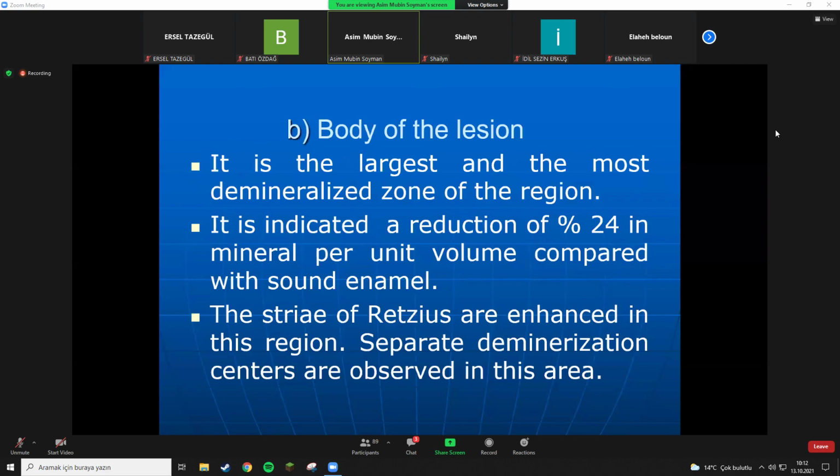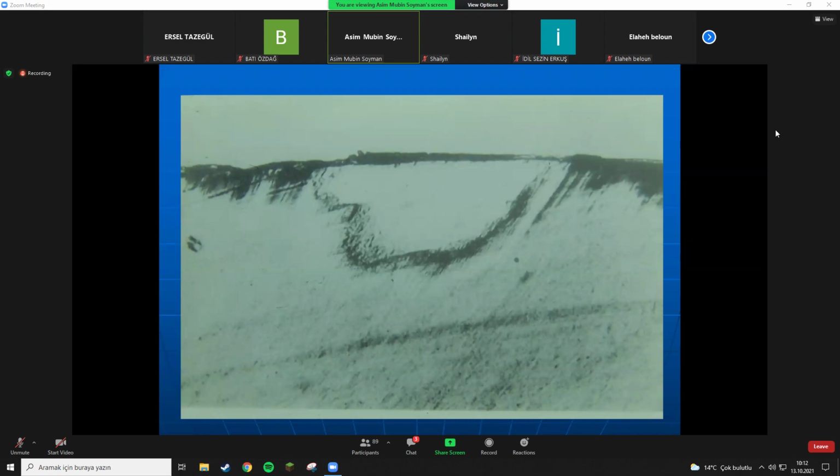The striae of Retzius lines are enhanced in this region. Separate demineralization centers are observed in this area. If Retzius lines are enhanced in this region, this shows us that Retzius lines are important for the initiation or the progression of dental enamel caries.